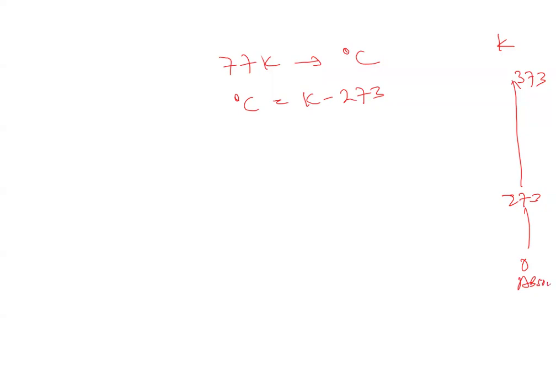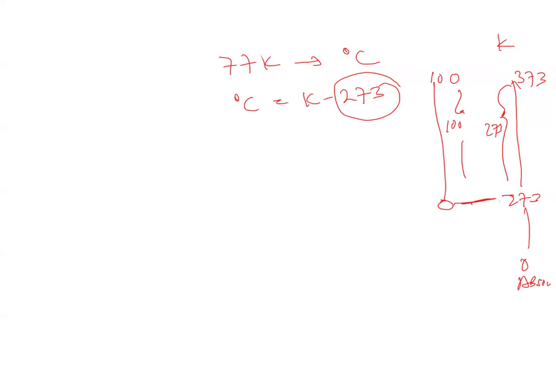The equivalent of that in centigrade is 0 and goes to 100. So you can see the difference here is 273 and that's 100. Okay, so when you're changing, from Kelvin you take away 273, and for centigrade you add, because the starting point 0 is that 273, right? So if I have 77 Kelvin here, centigrade would be 77 minus 273, which is minus 196.